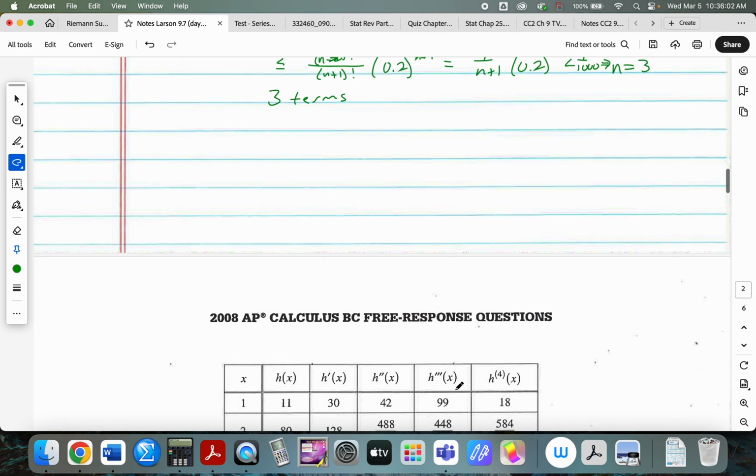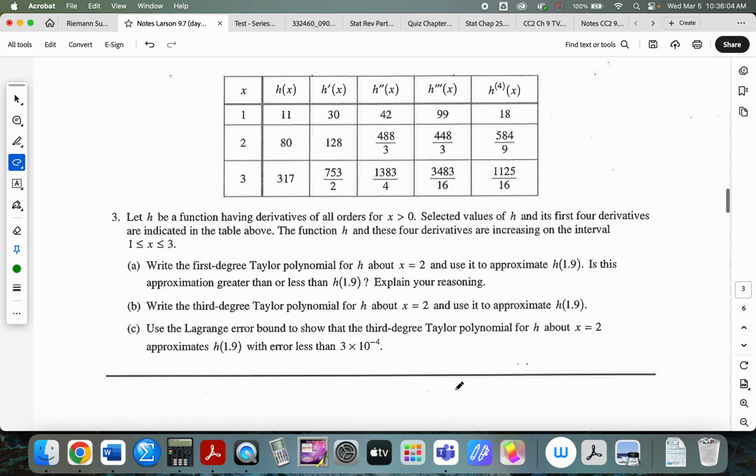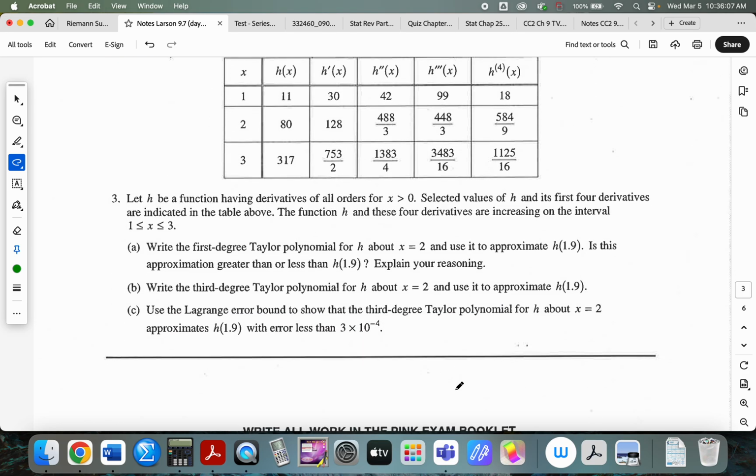All right, let's go on to some AP problems that I pulled out. So let's look at this one. Let h be a function having derivatives of all orders for x greater than 0. Selected values of h and its first 4 derivatives are indicated in the table above.